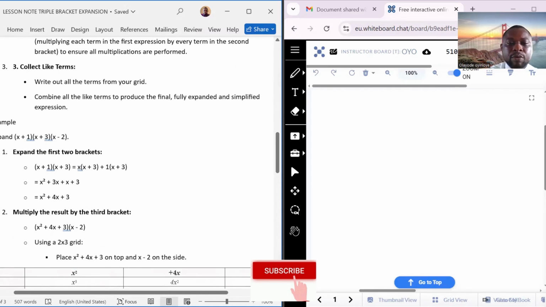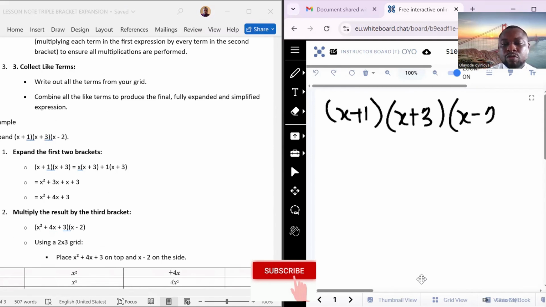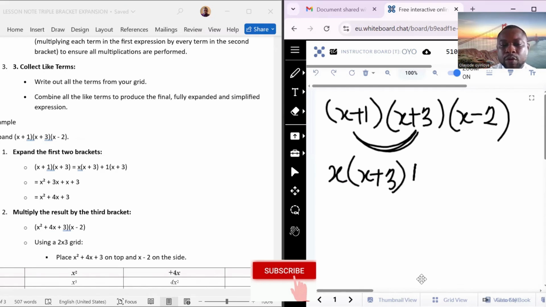So let's take an example. We have that you should expand (x + 1)(x + 3)(x - 2). From the rule, we take the first two and expand them. We can use the FOIL method: x multiplying the whole of (x + 3), and 1 also multiplying the whole of (x + 3).